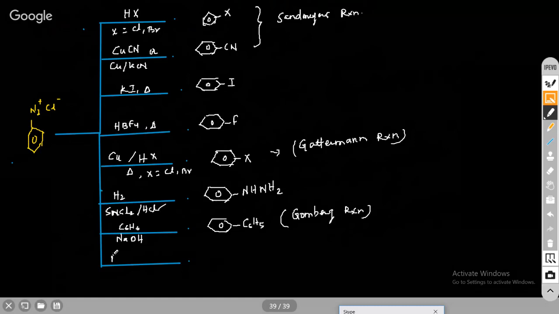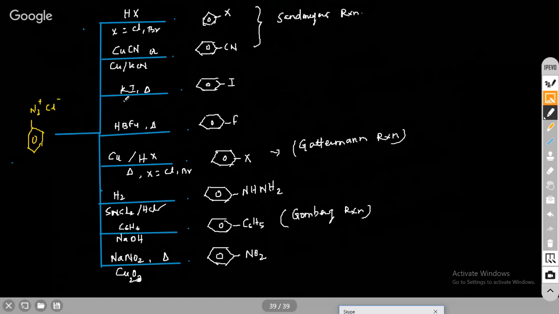With NaNO2, we heat this and we also use Cu2O here. We'll get nitrobenzene.